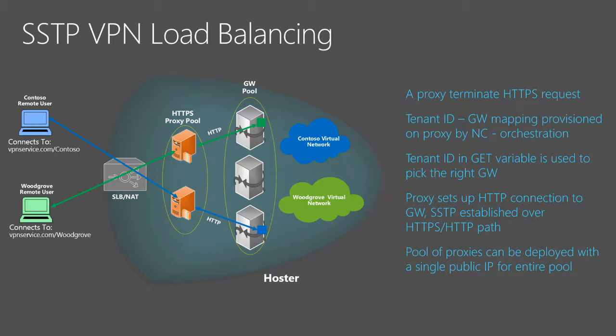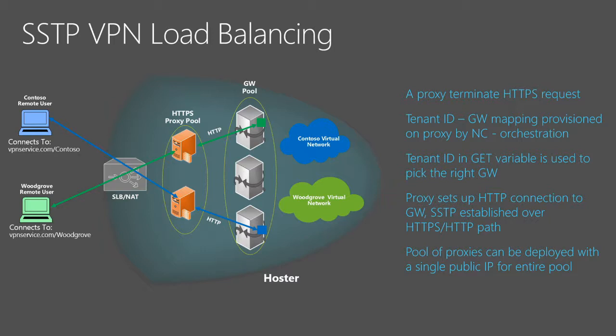Just like that, even in the case of VPN, a gateway is picked, a VPN endpoint is provisioned on a gateway, and in addition you provision the tenant to gateway mapping on the proxy. So the proxy now has a rule which says that if this tenant comes, send him to, in this case for Woodgrove, gateway number 1, or for Contoso, gateway number 2.